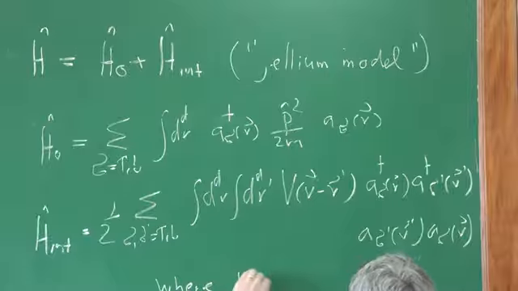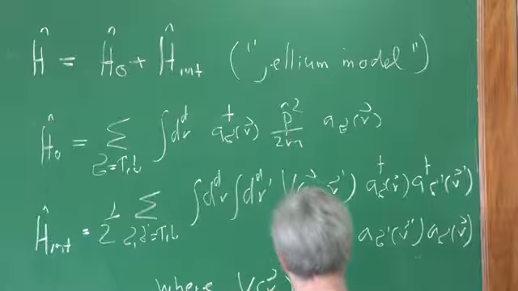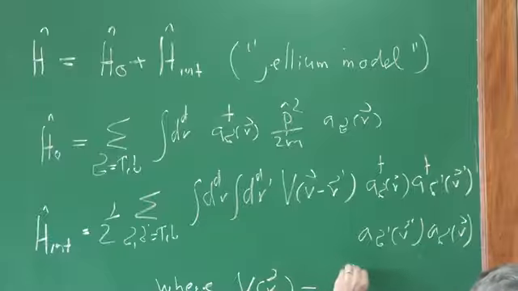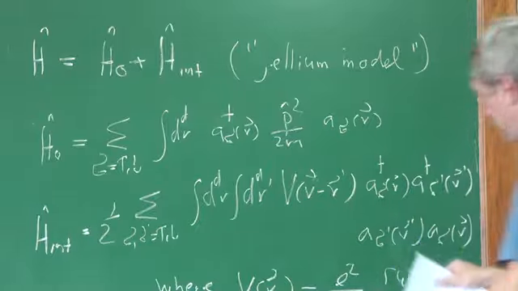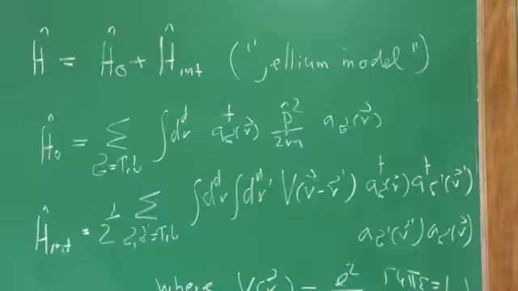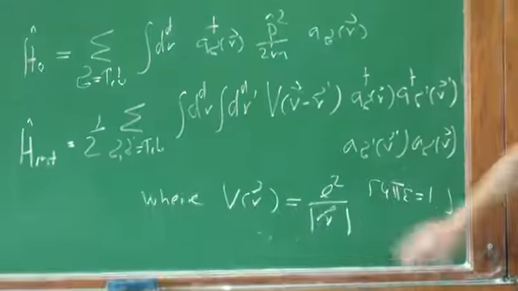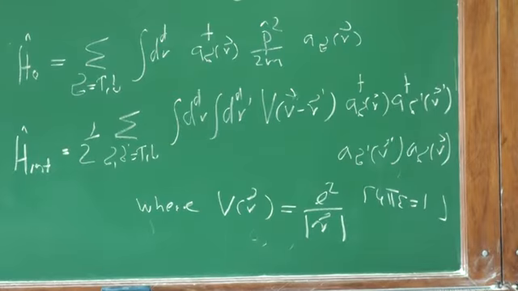So V of r is e squared over modulus of r, and I have set all these factors 4 pi epsilon and so on just equal to 1, just using these conventions.